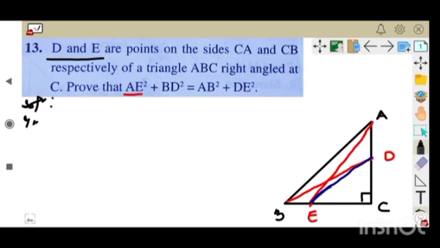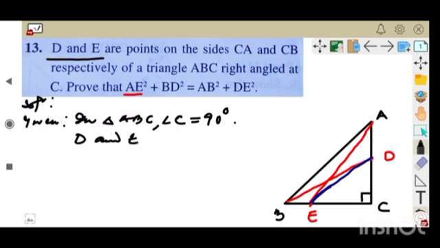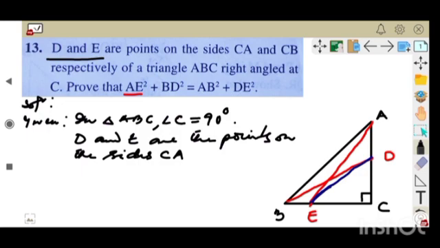Given. First I'll write in triangle ABC, angle C is 90 degree. Next we need to write D and E are the points on the sides CA and CB respectively.